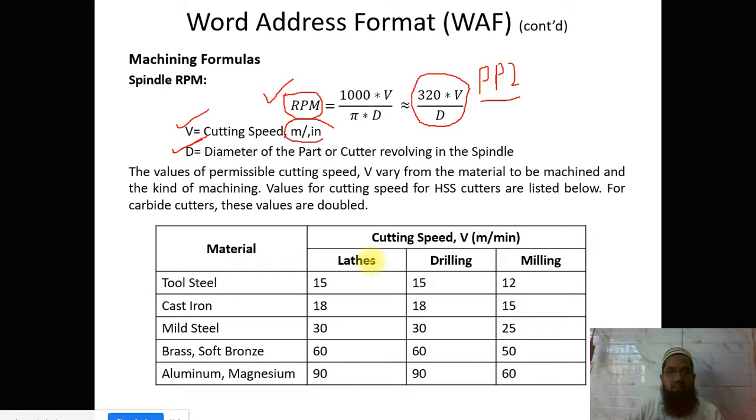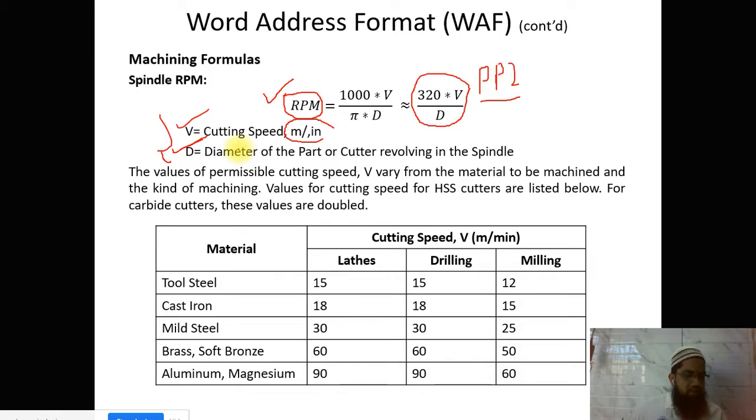You only have to write down this formula. Come on, just write down this formula, and note down this V and D. I request all the students to write down this formula as well as V and D. Once you have completed it, it requires only 30 seconds.